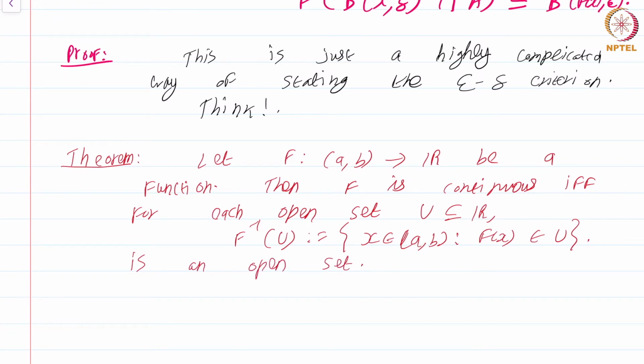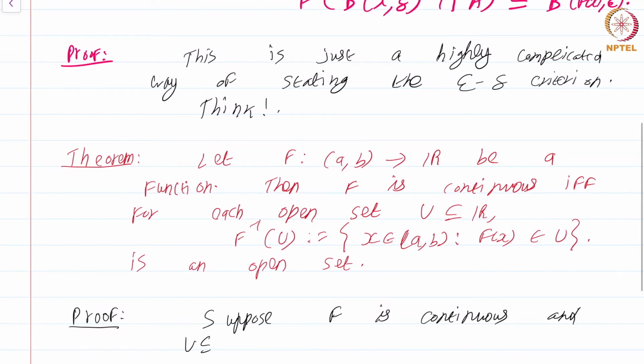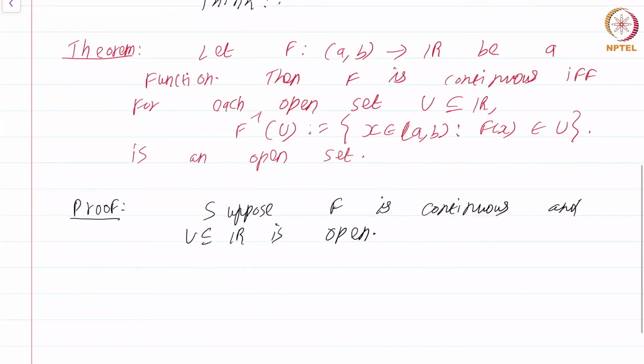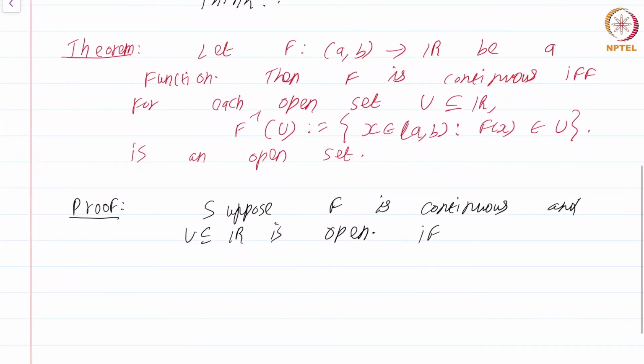Okay. Let's prove this theorem. Proof. Suppose f is continuous and U subset of R is open. If f inverse U is the empty set, this is a reasonable possibility.